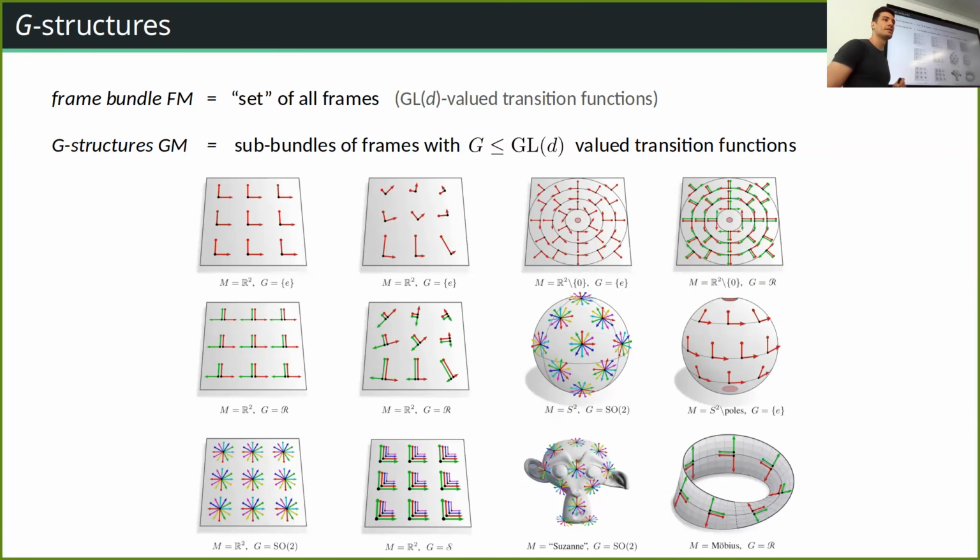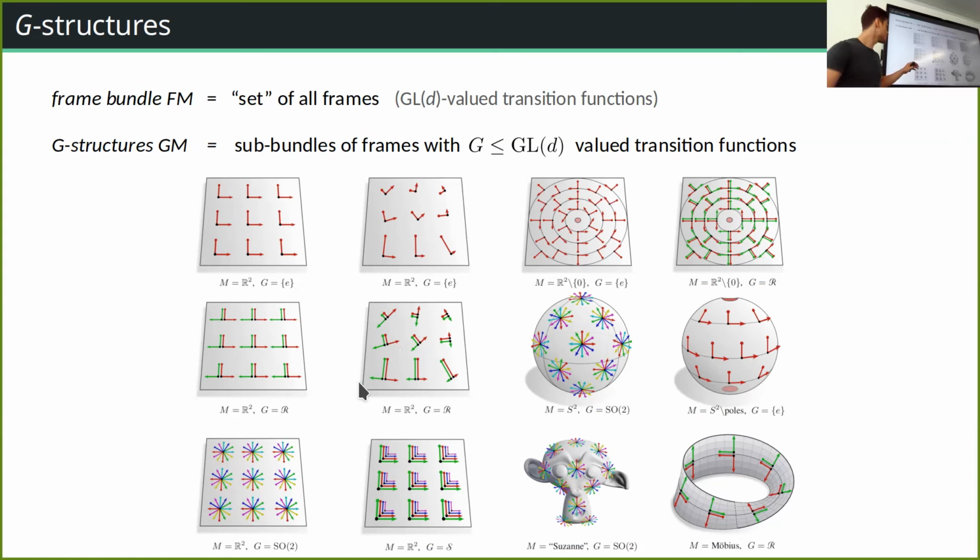And here are some more examples which maybe make it a bit more intuitive. So this is the standard trivial group structure on the Euclidean space, but you could use a different one. This here is a reflection group structure on the Euclidean space, and another example of it.